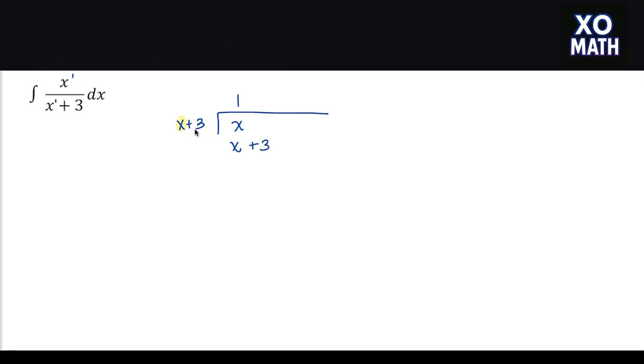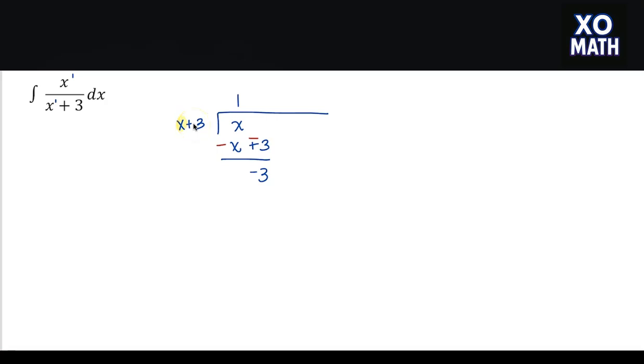With long division, we subtract down, so we're going to change those two signs. And so x minus x is 0, and then I'm going to have a negative 3 left over. And this is called the remainder. So the answer to x plus 3 divided into x is a quotient of 1 plus the remainder over the divisor.